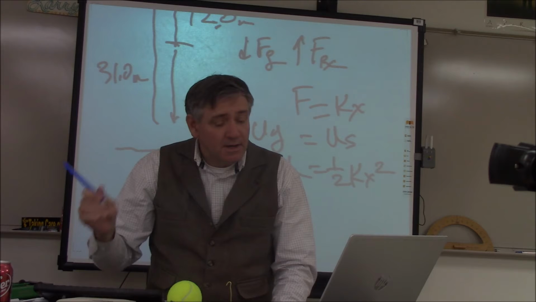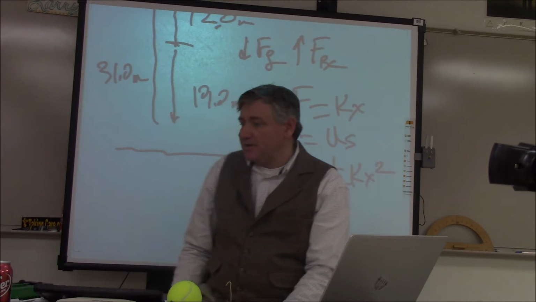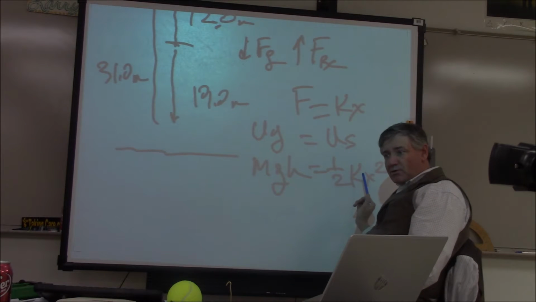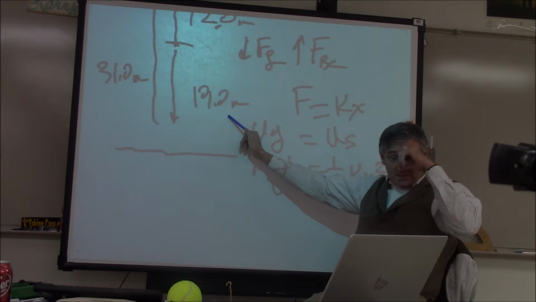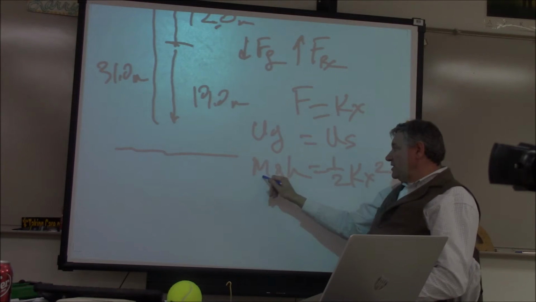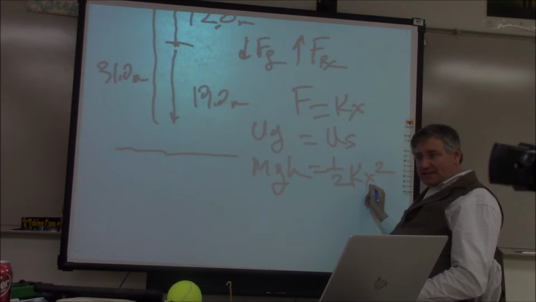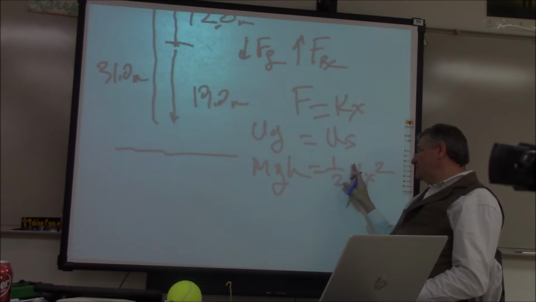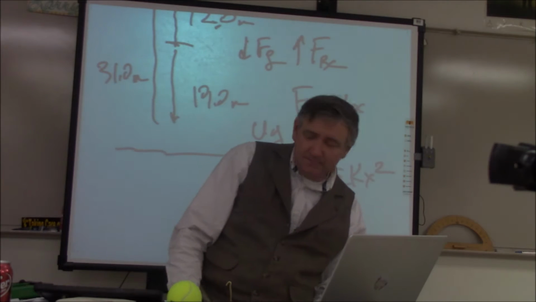Now, on your 1/2 kx squared, this x is how far the bungee cord gets stretched, which in this case is going to be 19 meters. So you know the m, the g, the h, you know this is 19. The only thing you don't know is k. So this is what's going to allow you to calculate the spring constant.